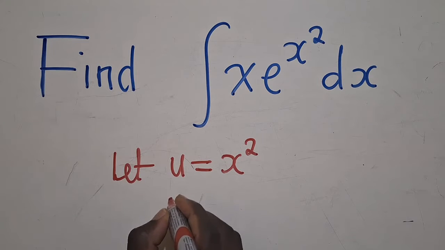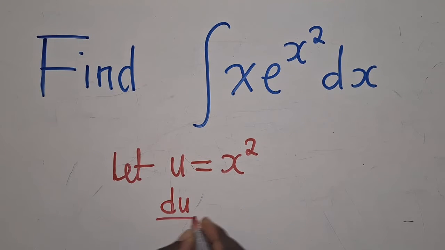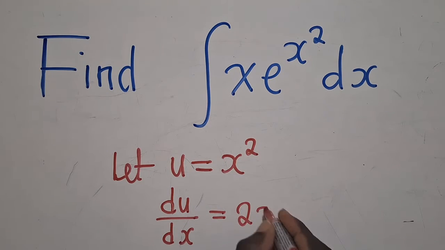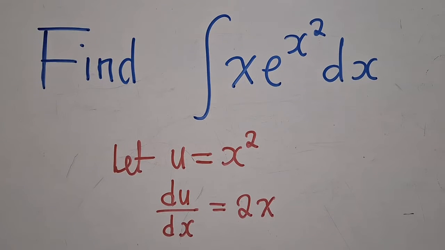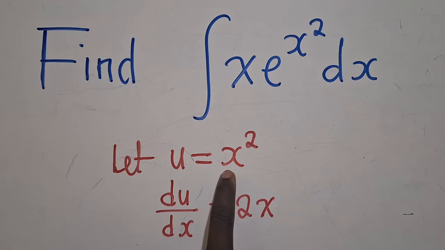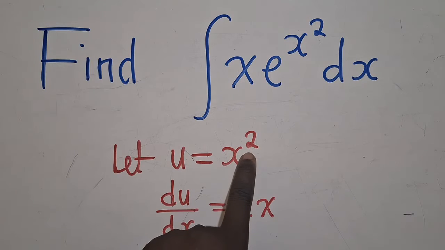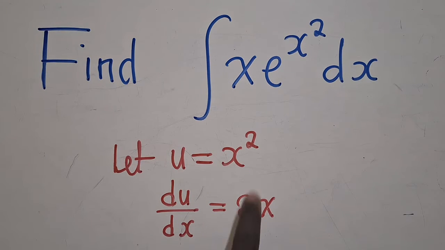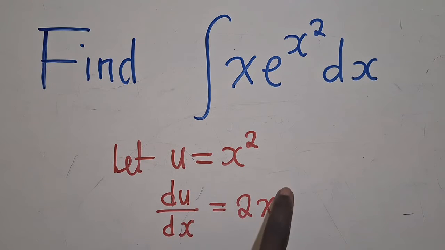So we shall say du over dx is equal to 2x. I know you all know how to find the derivative, so I've just found the derivative of this one with respect to x. And this is what I've done. The power multiplied by the number that is in front, which will give us 2. You subtract 1 from this power, you remain with power 1.